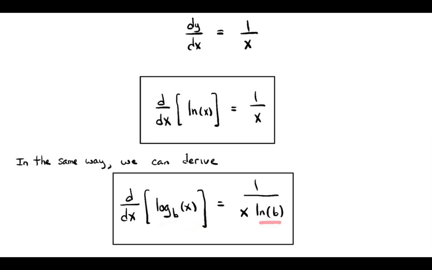So maybe I should recall here that the natural log of e is 1, which is why this formula is so nice. You don't have to remember that extra factor down here. If you're differentiating with a base other than the base e, you need to remember that the denominator has this factor, natural log of b, in it.